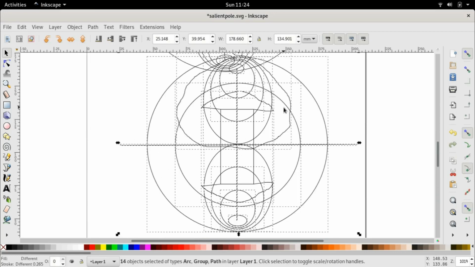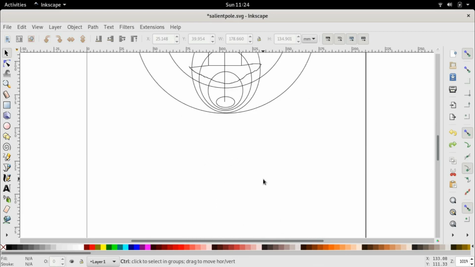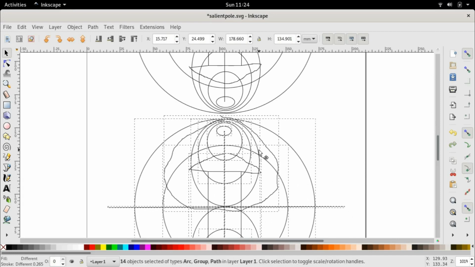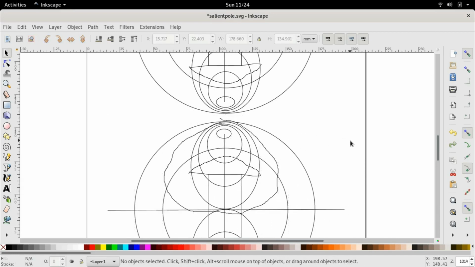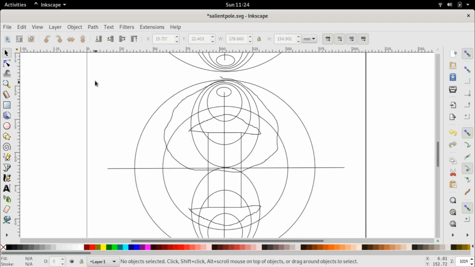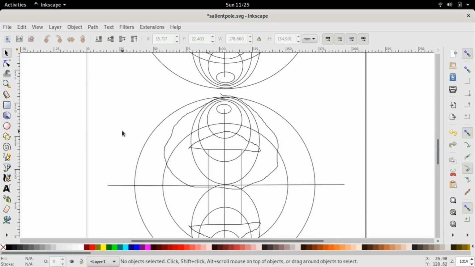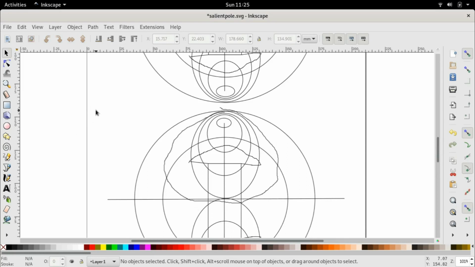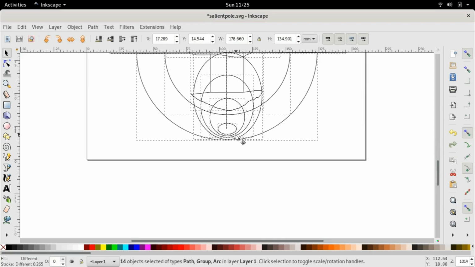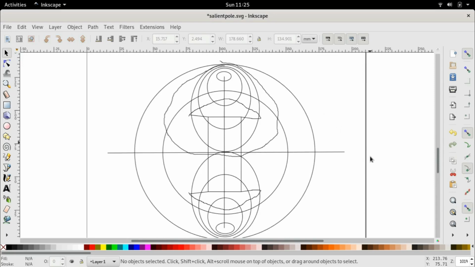Paste it. I think I have a little more space, so let me move it down. So we now have a copy.